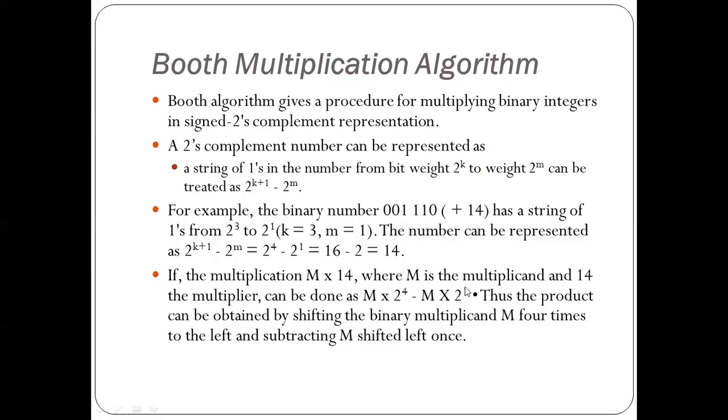In that case, the negative term will come. In the 0-1 case, the additive, positive term will come. And if both bits are the same, no operation is performed on the multiplicand except shifting. Even here, rather than shifting the multiplicand left, we will be shifting the product right. That is the same procedure that we follow even in sign magnitude data. Okay.